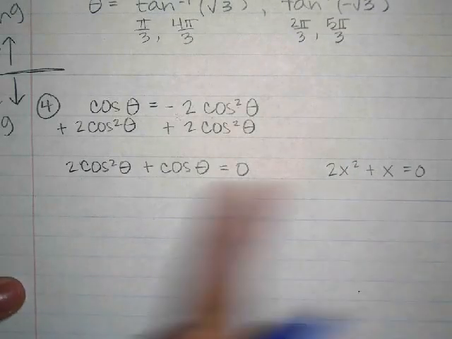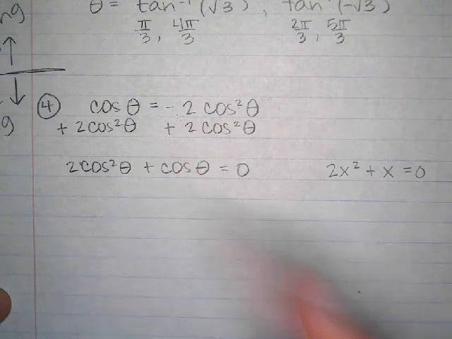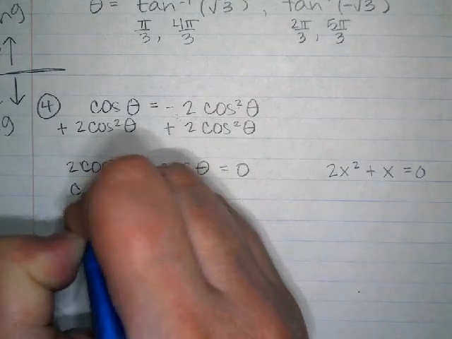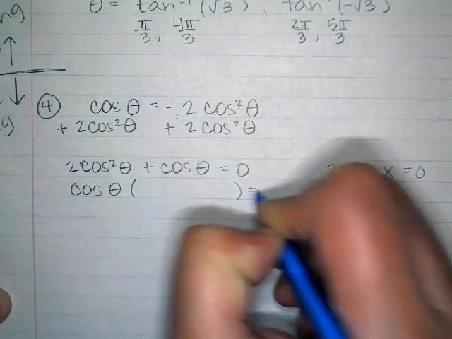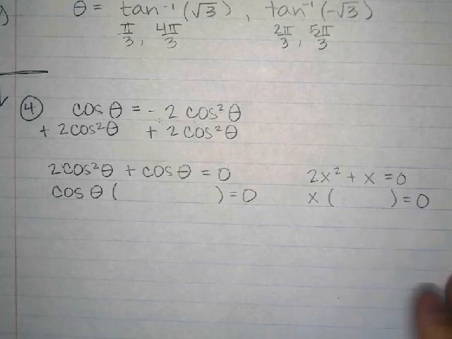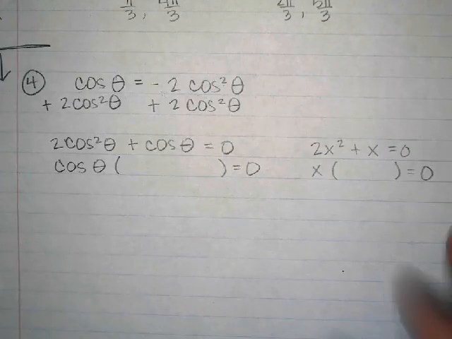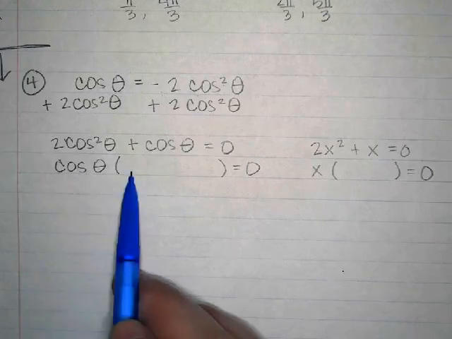So we're going to factor out a GCF of cos, and we're going to write our leftovers. If we take out a cos, what's going to be left over? 2 cos plus 1.